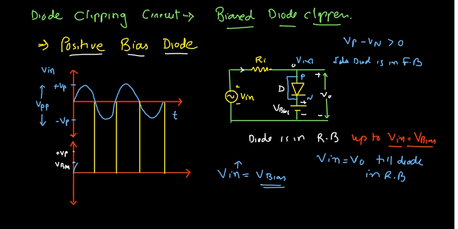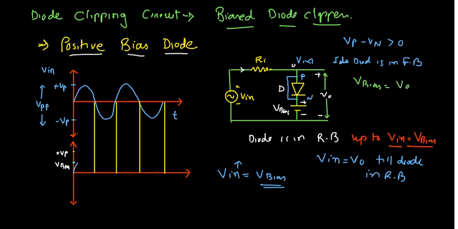Now when the diode is short circuited, what will happen? Whatever V bias voltage is there, it is going to appear at the output side. So we can directly write that V bias equals V out.